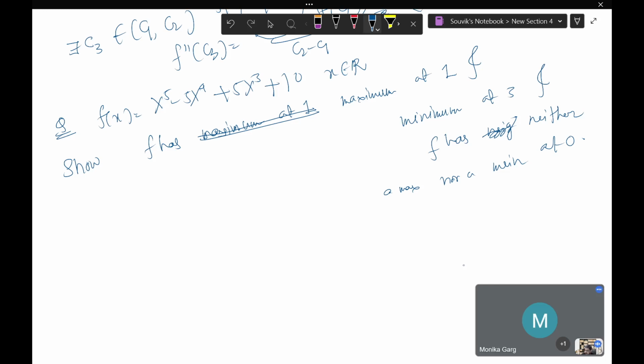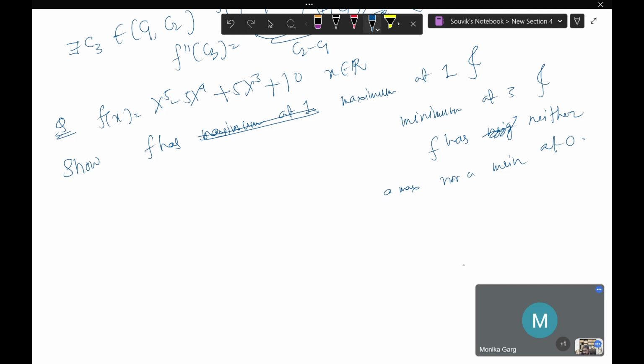Second derivative at 1 is what? At 1 it is minus 10. Okay, and second derivative at 3 is 90. Yeah. So maximum at 1 and minimum at 3 is fine.